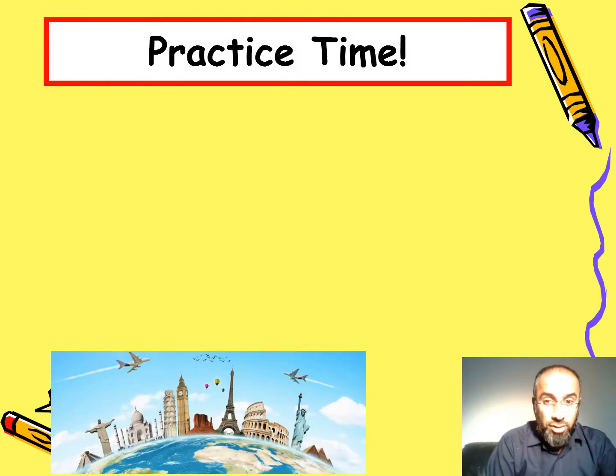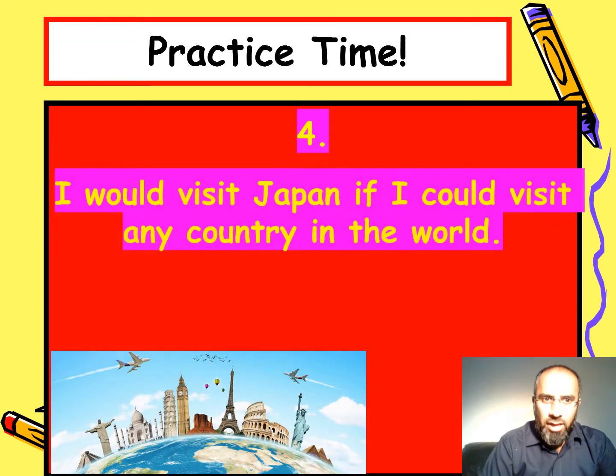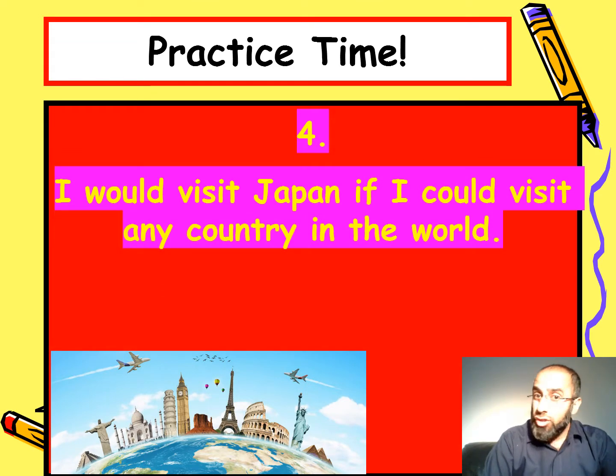Wow, traveling around the world. Okay, I would visit Japan if I could visit any country in the world. Yes, I like Japan. One of my younger brothers actually lives in Japan, in Tokyo.